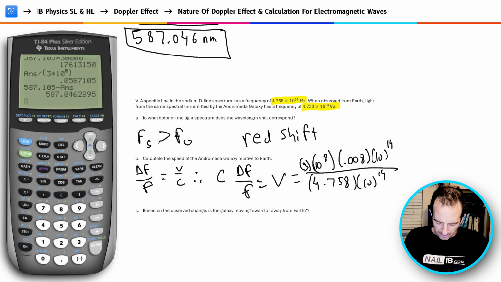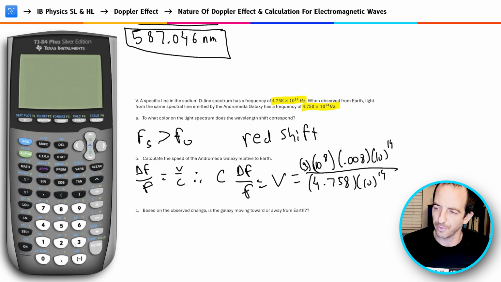And I can plug that all into the calculator, and that will give us the velocity. So we have 3 times 10 to the 8th times 0.008 times 10 to the 14, divided by 4.758 times 10 to the 14.